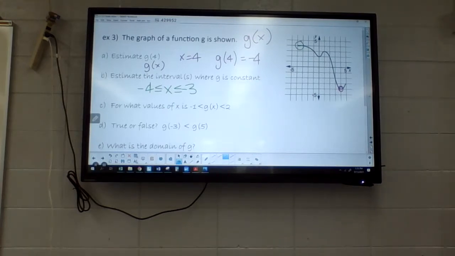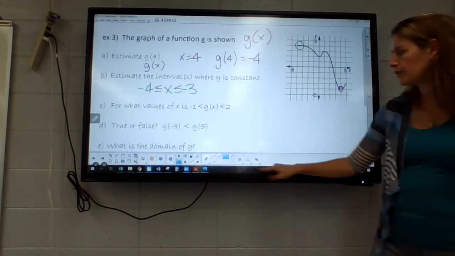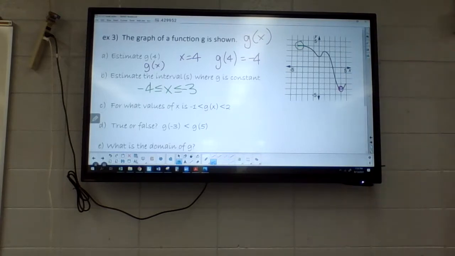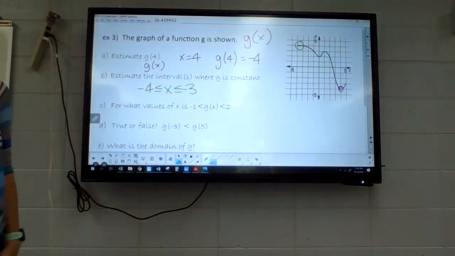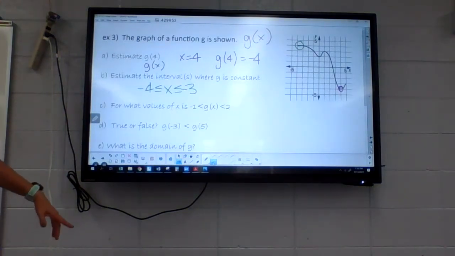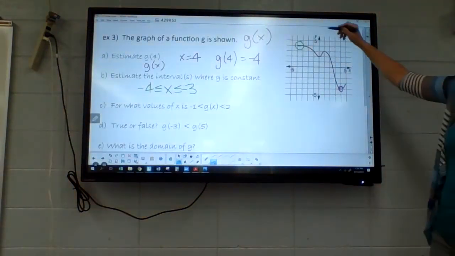It says for what values of x is the function, so they're talking about the function now, in between negative 1 and 2. So what values of x is the function in between negative 1 and 2? So we want to know when the function is negative. So this is the function up here.